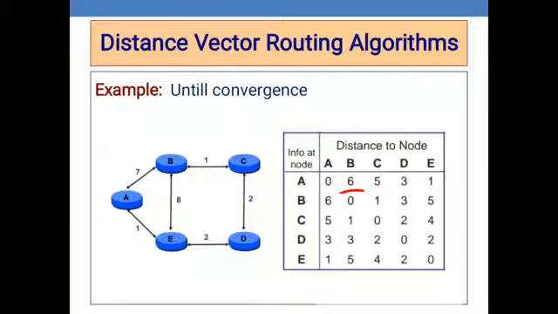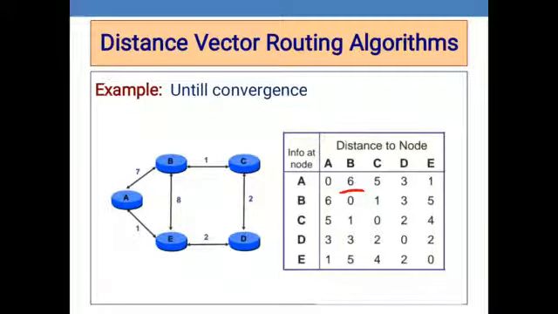Now each and every router will calculate the distances to all the other devices. So A to A is 0, A to B is 6, A to C is 5, A to D is 3, A to E is 1.